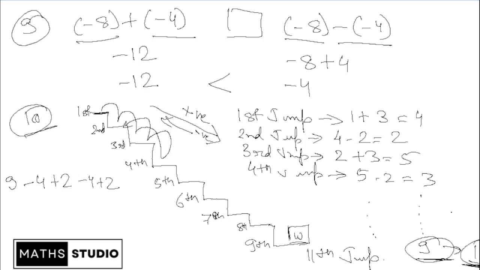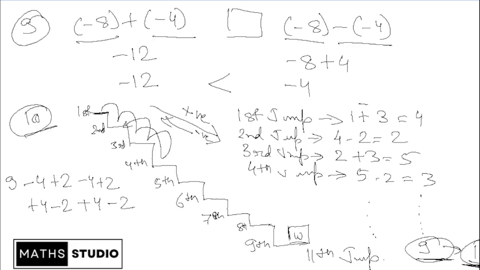Now let us look at 10 part 3. If moving down is represented by a negative number and moving up is represented by a positive number, then what will happen? It would just become reverse. So this minus 4 would become plus 4 and this would become minus 2, plus 4 minus 2. And here also the same thing: the downward part would be represented by negative and the upward by positive.